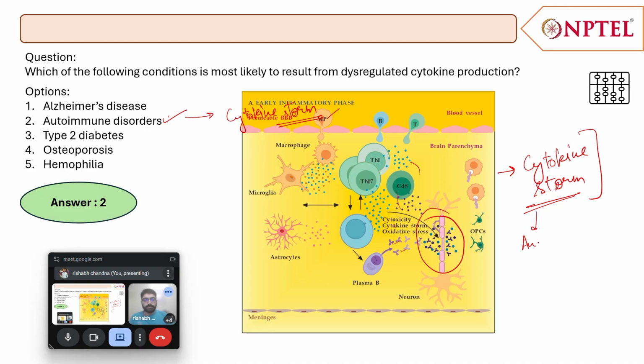But whenever we have a viral infection also, in that case these things can take place. So this is how dysregulated cytokine production happens in an autoimmune disease.